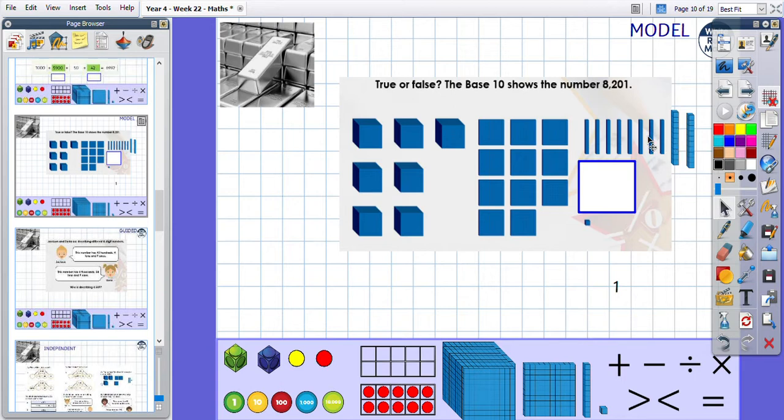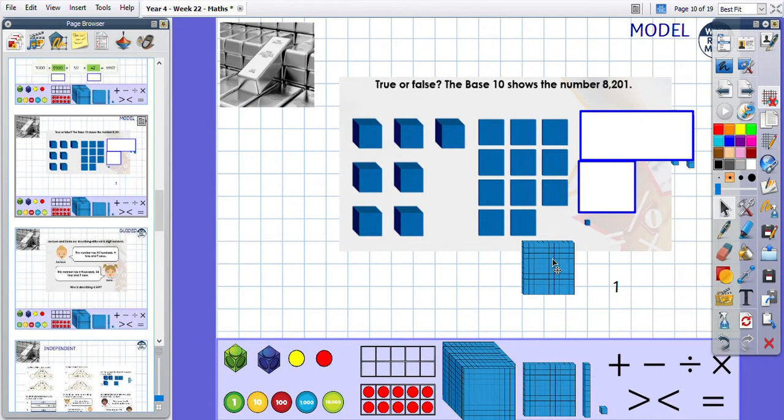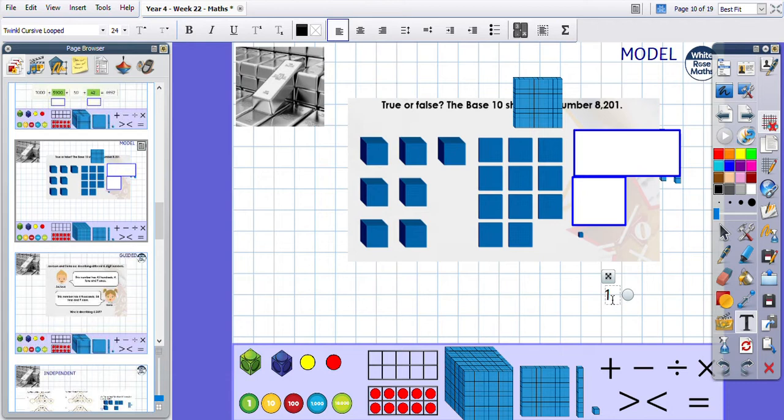Okay, so now let's look at our tens. We've got 2, 4, 6, 8, 10 tens, sorry. We can't have 10 tens, so we'll have to exchange all of our tens for 100. Let's check our hundreds now. Oh, hang on, because I've not popped in my number how many tens I've got.